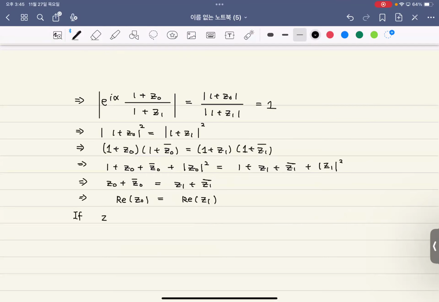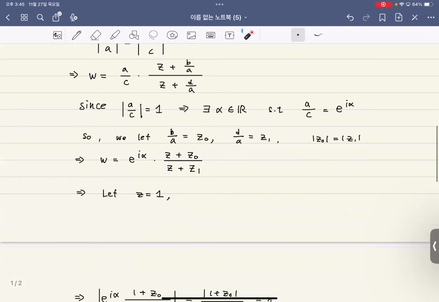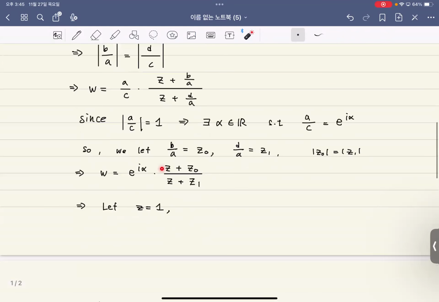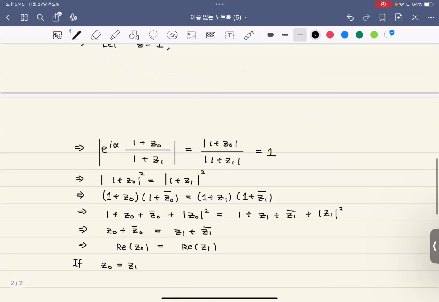So if z0 is z1, then what do you have? When z0 equals z1, these two guys both cancel each other. So effectively this linear fractional transformation turns out to be just a constant function, which is not true.